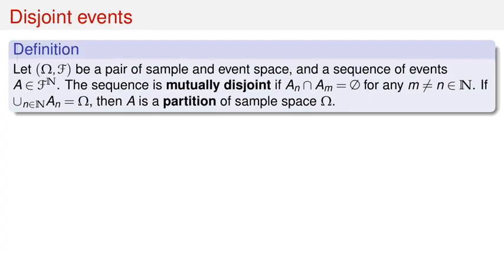Now, let's talk about disjoint events. Let omega, script F be our pair of a sample space and an event space.